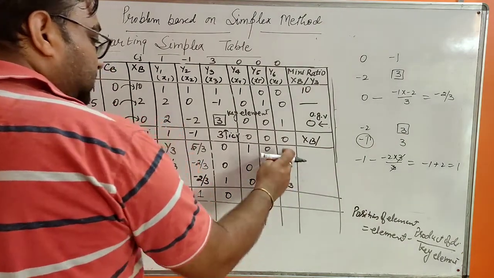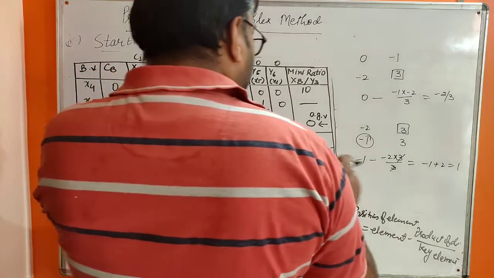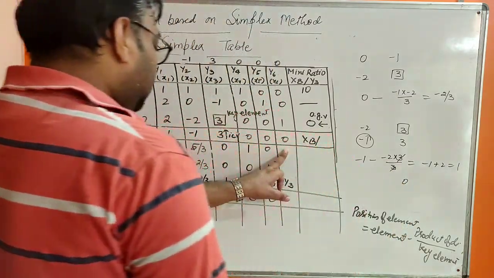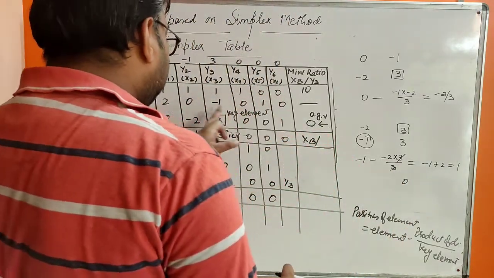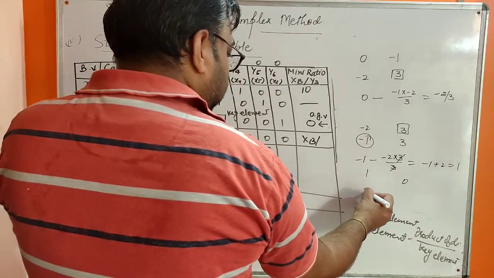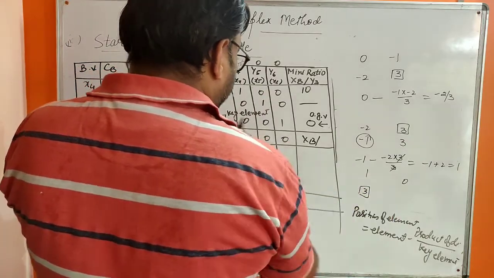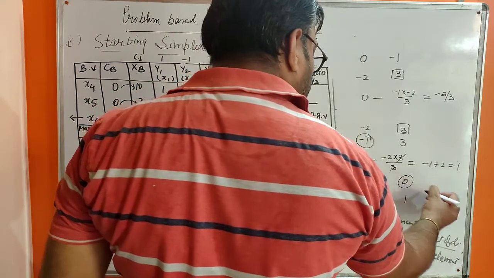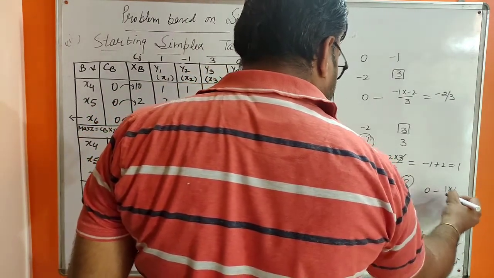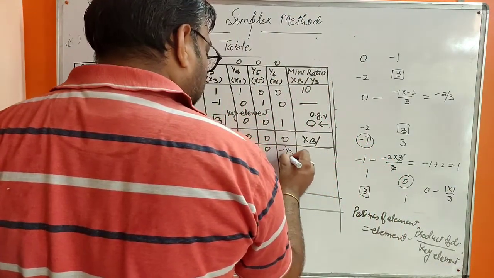Now find all these 3 elements. So for this 0 is written. What is in front of this 0? 1. This is 3 key element and in front of 3 is 1. So 0 minus 1 into 1 upon 3, that is minus 1 upon 3.